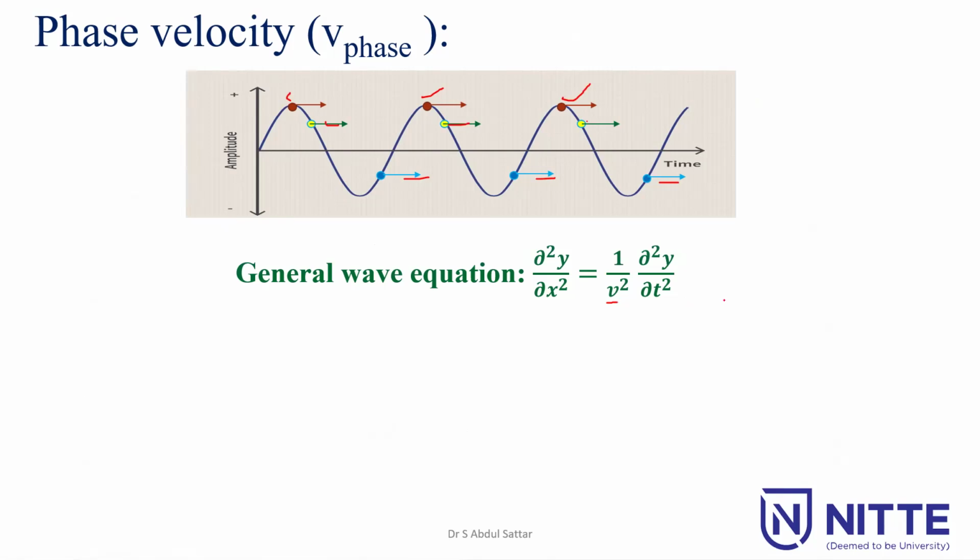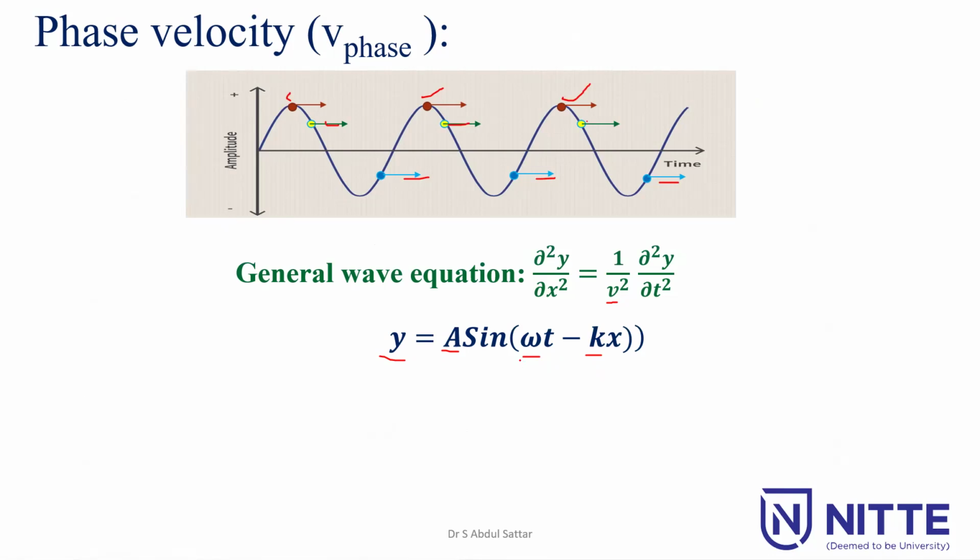The solution of this can be written as y equal to a sin(omega t minus kx). Here, y is the displacement at any instant, a is the amplitude, omega is the angular frequency, and k is the propagation constant, where k equal to 2 pi by lambda and omega equal to 2 pi into f.